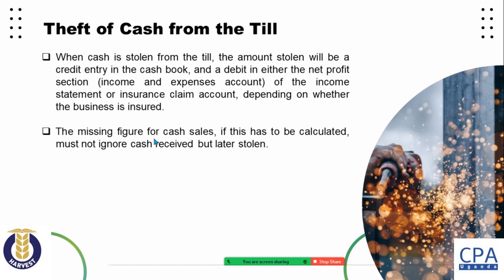The missing figure for cash sales, if this has to be calculated, must not ignore cash that has been received but later stolen. So if we are to determine the figure for cash sales, we should also consider the cash that was stolen from the till.